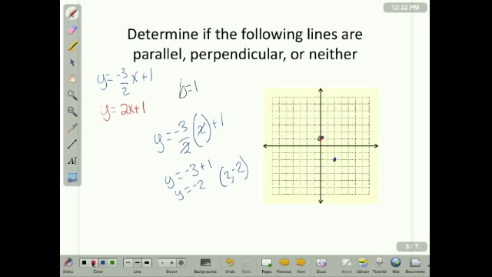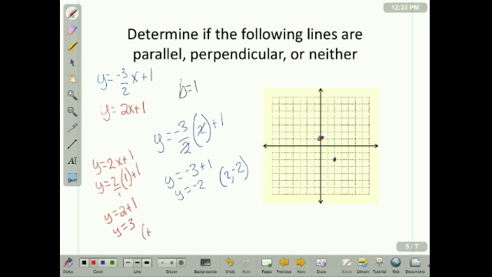And I'm going to do the same thing for the red line. In this case, I'm going to substitute the x with a 1 because that's the denominator in this particular problem. These cancel out, and I'm left with y is equal to 2 plus 1, or y is equal to 3.